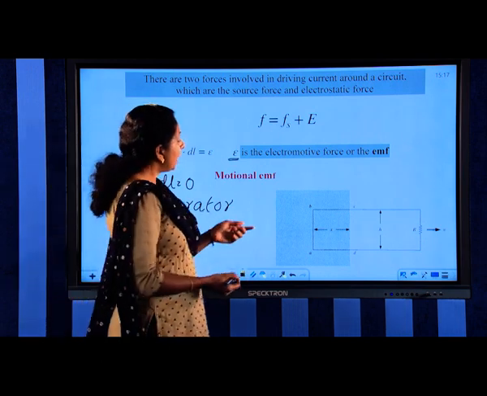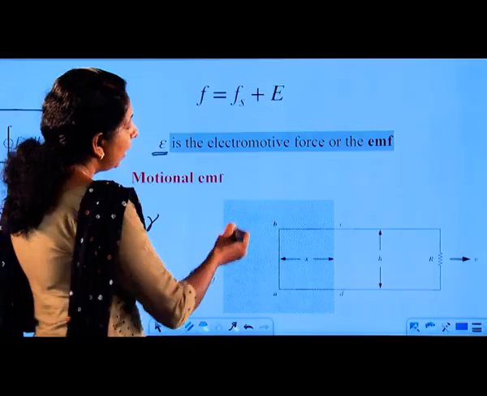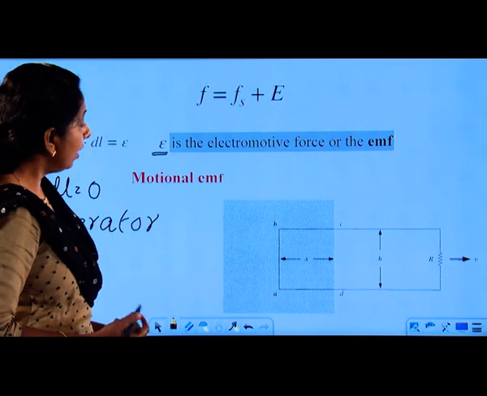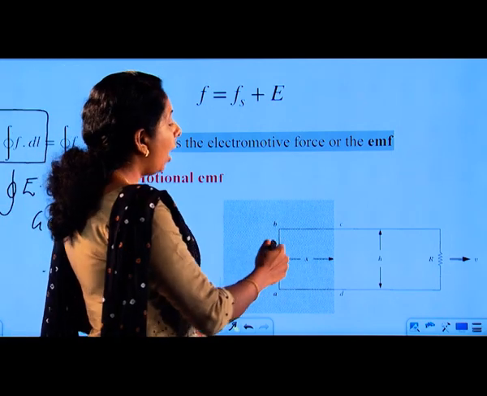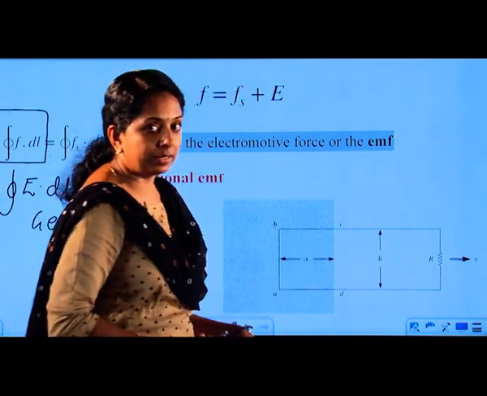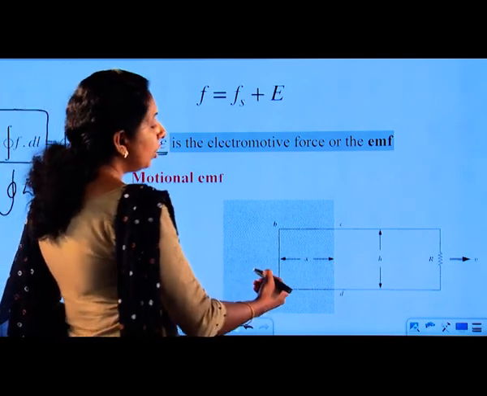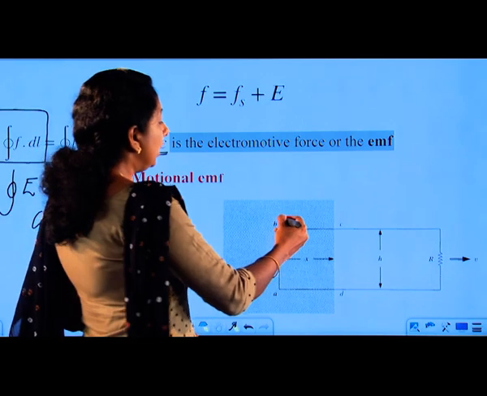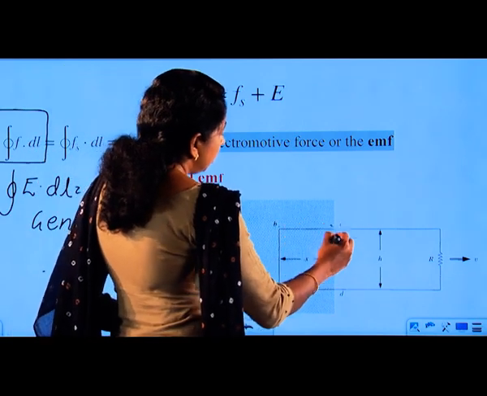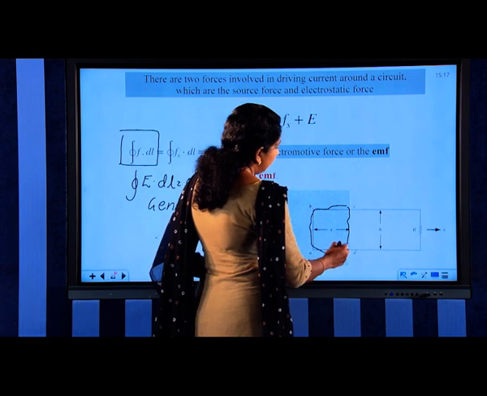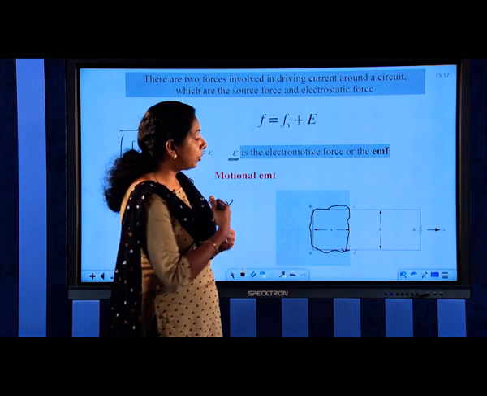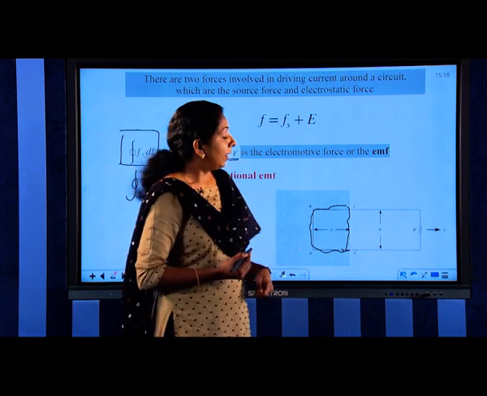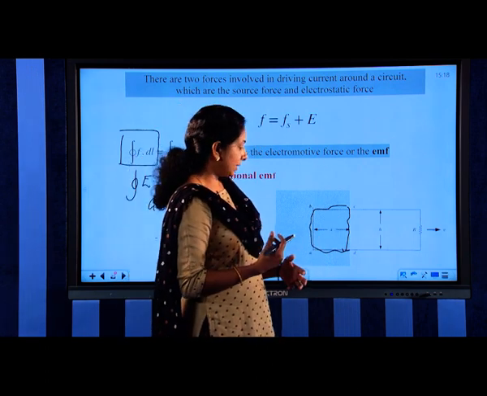In order to explain this, we can consider this figure. Here in the shaded portion there is a magnetic field pointing into the page, and we have a loop that is connected to a resistance. Now we move the wire to the right with some speed v. What happens? Initially this much portion is inside the magnetic field. When we move the wire to the right with some speed v, the portion of the loop inside the magnetic field keeps decreasing.